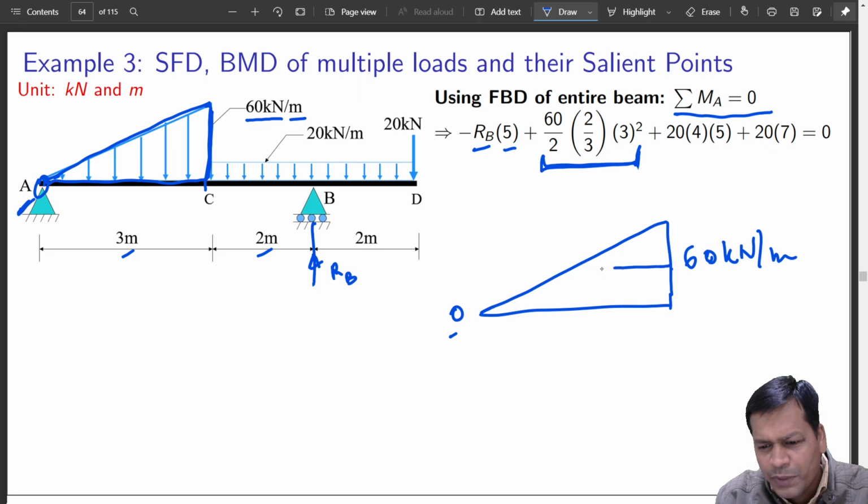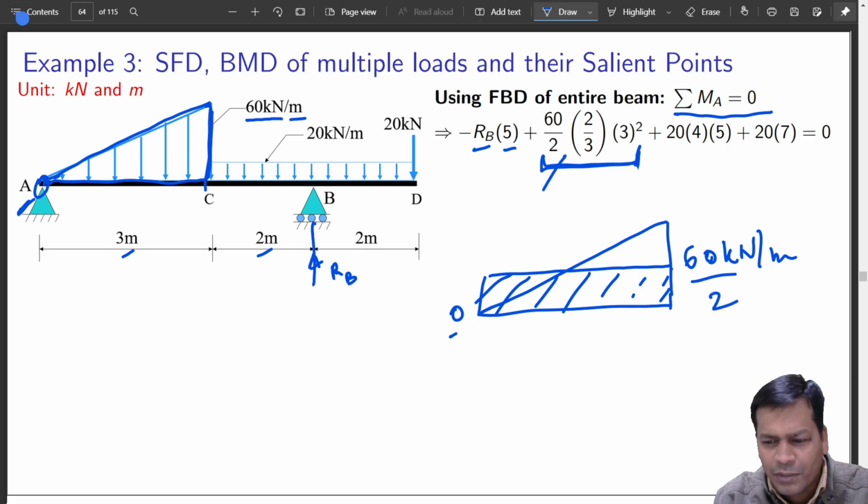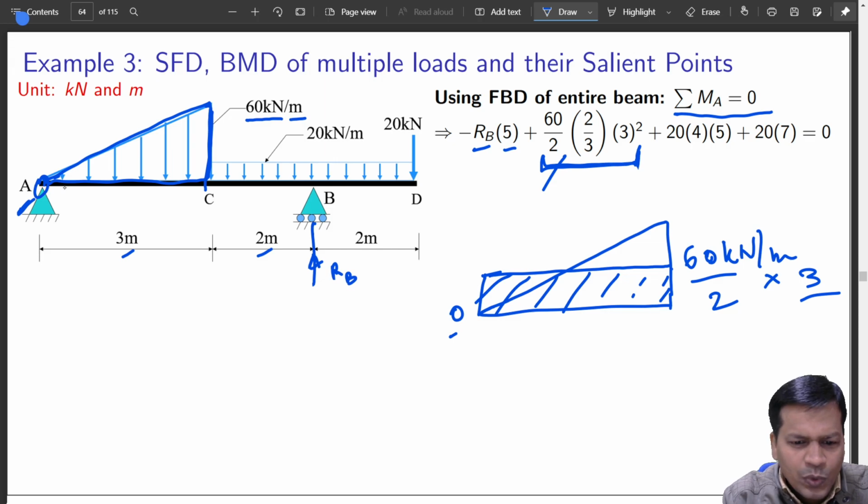So it should be something like this if it is uniformly distributed load. So it is 60 by 2, that is what may be the first term. And where does it act? All over this space. So total load acting is 60 by 2 into 3. 60 by 2 into 3 is the total load that is acting from here to here.